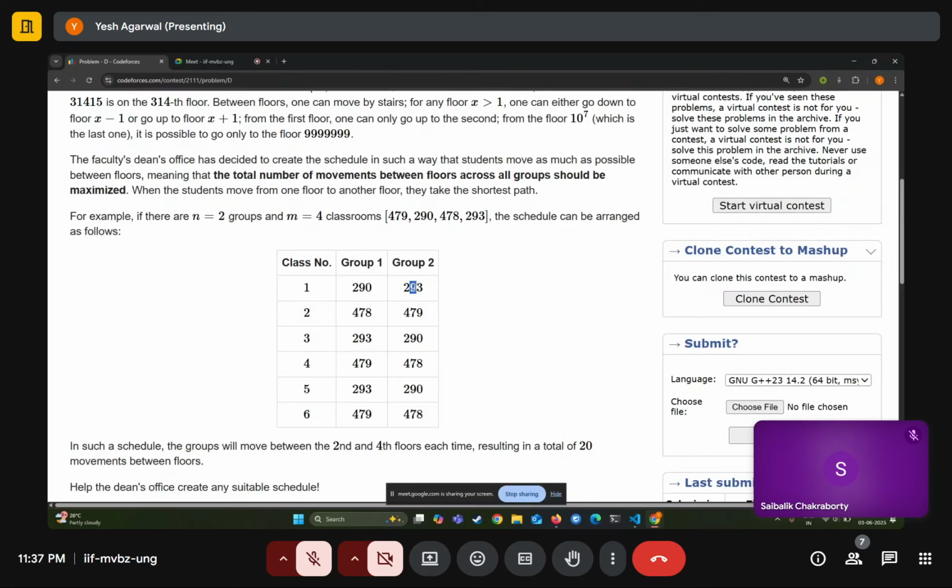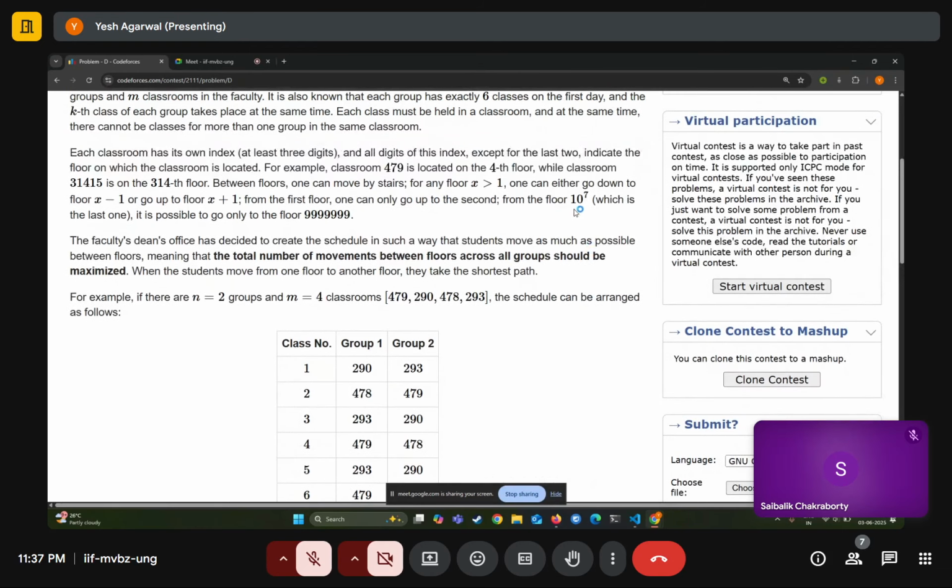For example, if a room is 293, then the floor number is 2, and if a room number is 8181, then the floor number is 81. So except for the first two digits, we will be considering the other digits as the floor number.